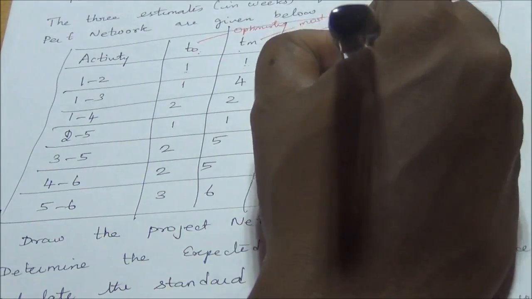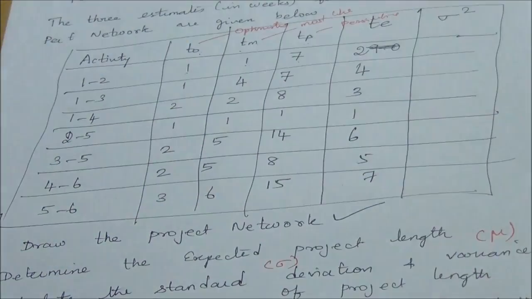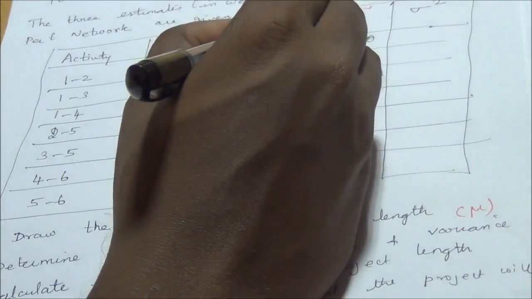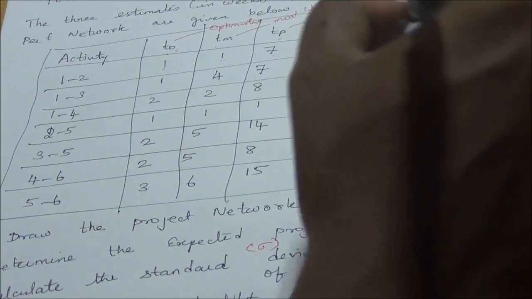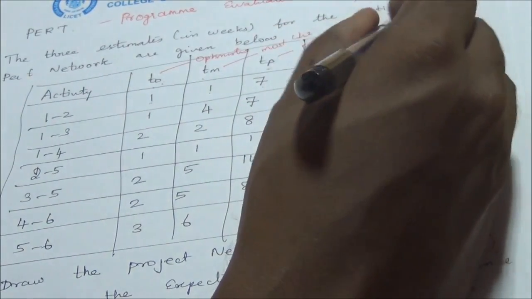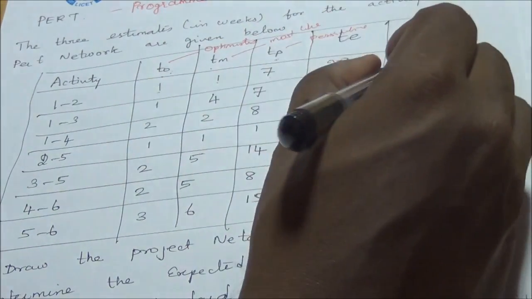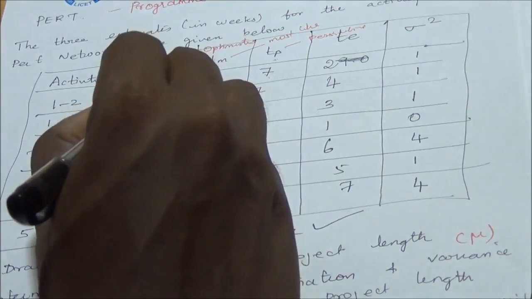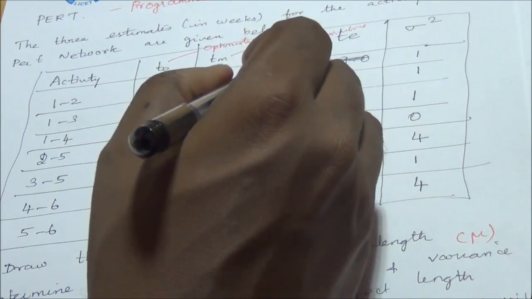Similarly, the other values can be obtained using this formula. Sigma squared is TP minus TO by 6, the whole squared: 7 minus 1 is 6, 6 by 6 is 1, and 1 squared is 1.